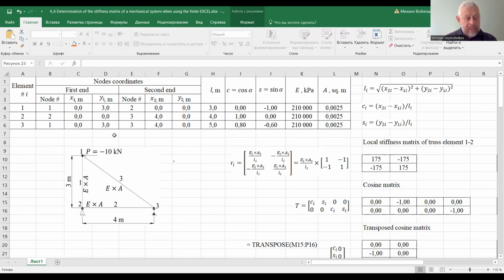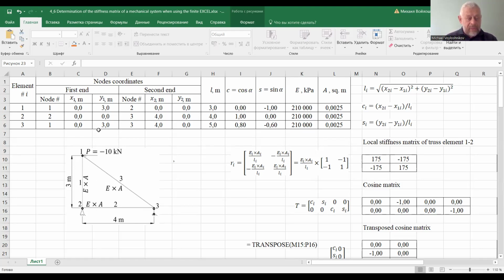Like here we have for the second and the third finite elements, and we had at the beginning the one for the third: coordinates 0, 3. 0 is the abscissa, 3 is the ordinate of point 1.